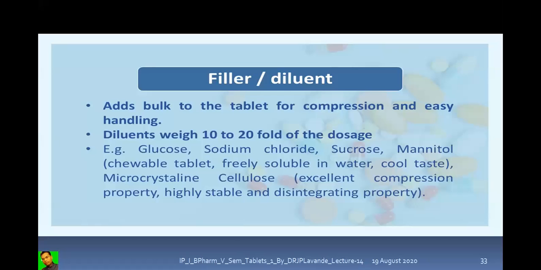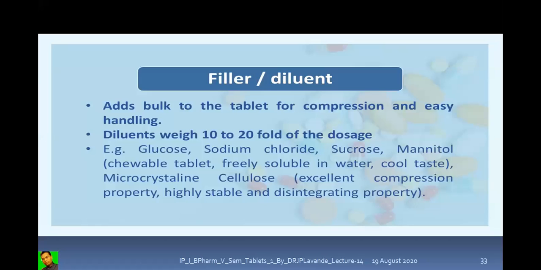At the same time, it is very difficult to handle a very small amount of API, so if we add fillers and diluents, that will cause easy handling. Diluents weigh 10 to 20 fold of the dosage form. Whatever the quantity of API is, compared to that, around 10 to 20 fold quantity is for the diluents. What are the examples?